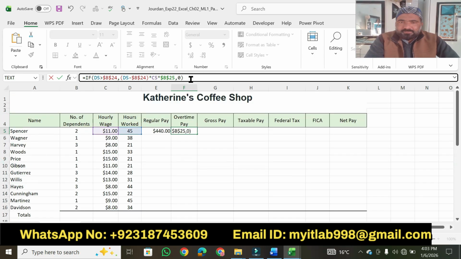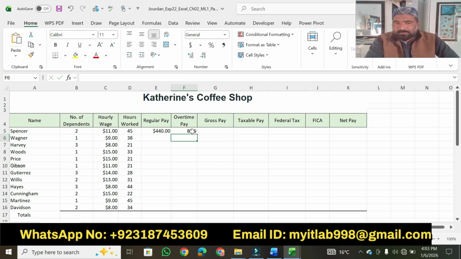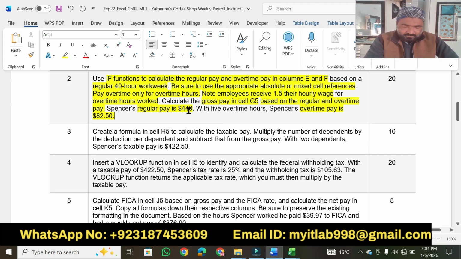Then simply press enter and we will get the answer. You may compare this answer with the given answer; it is exactly the same. So the column E values are calculated, and the column F values are also calculated.